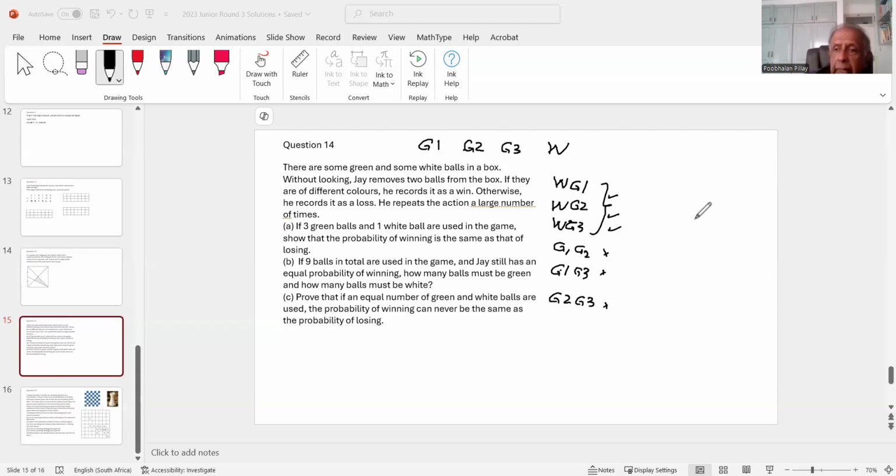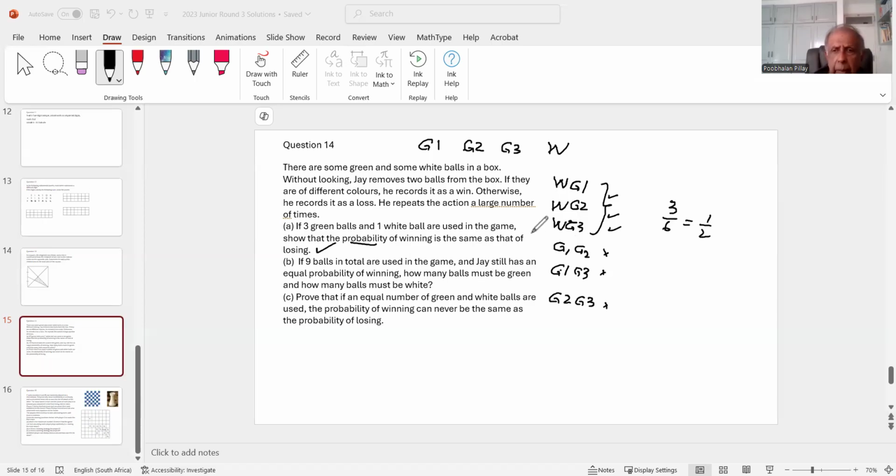The probability of winning is 3 out of 6, which is a half. And the probability means the successes over the total. And the probability of losing is also half. So you've got the same probability. Right? That's what probability means. The chances are the same. So it's 3 out of 6. And the other one is also 3 out of 6. All right. Okay, so that takes care of the first one.